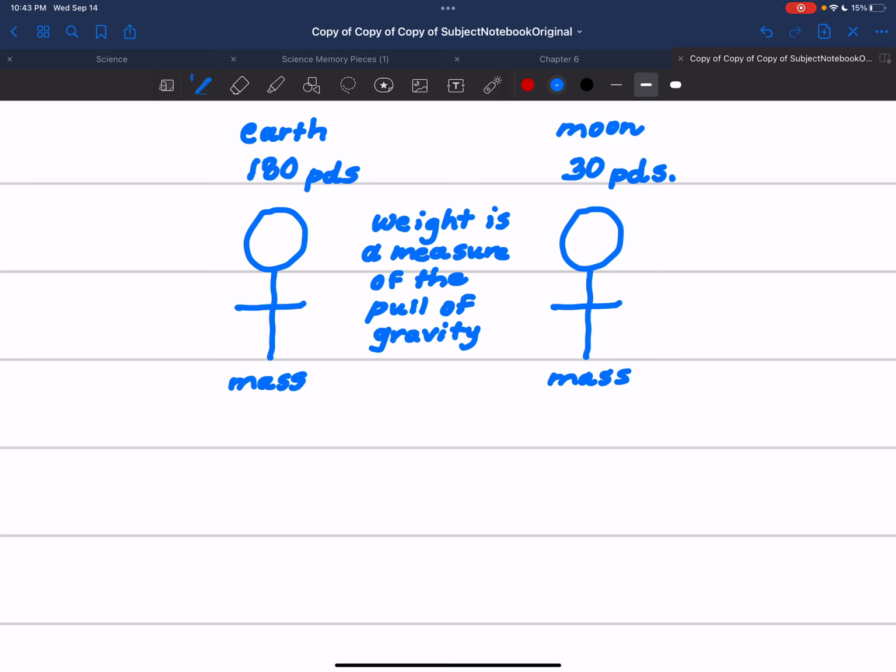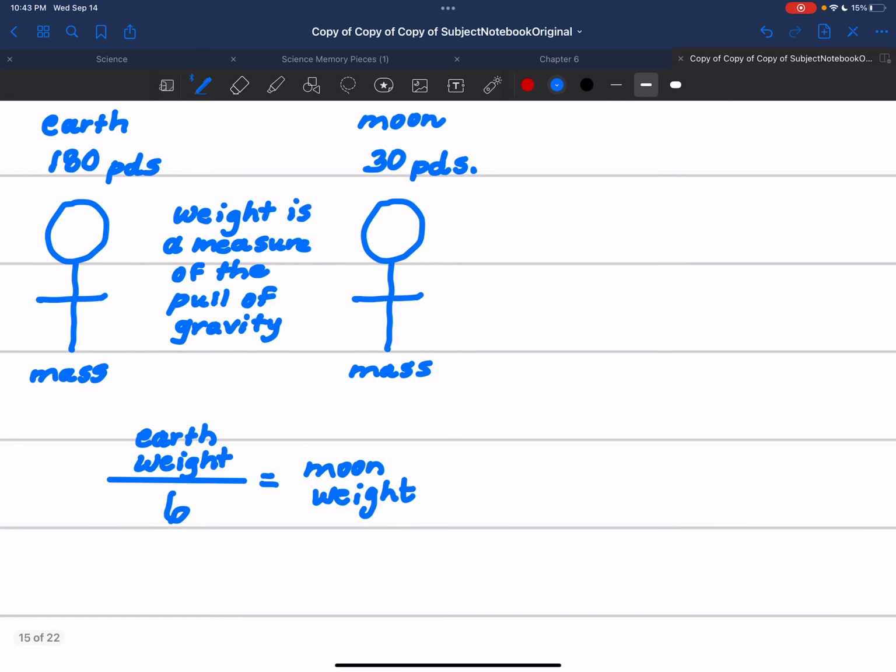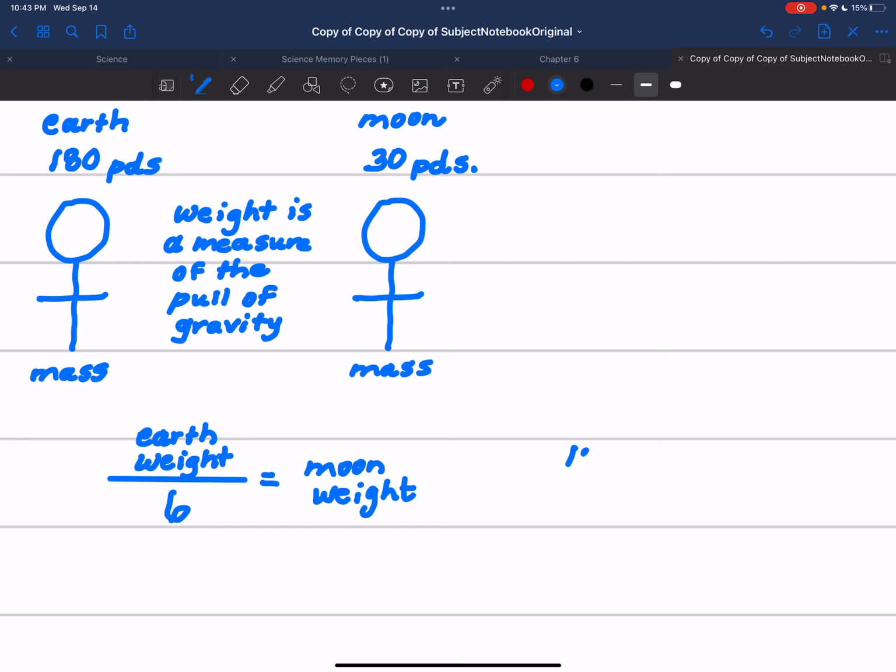And another thing that you will want to know, if you want your moon weight, you take your earth weight, and this is weight, not mass, because mass won't change, not in this situation. You take your earth weight divided by the number 6, and that will give you your moon weight. So let's say that Neil only weighed 120 pounds on Earth.